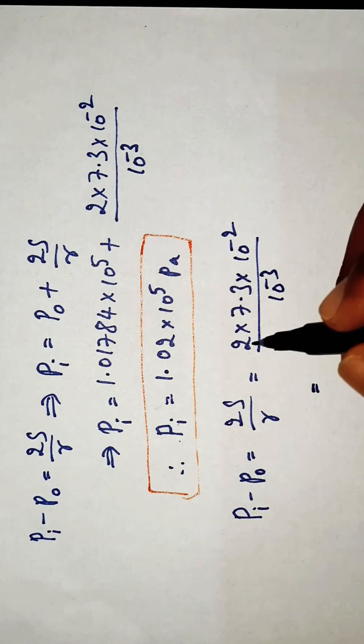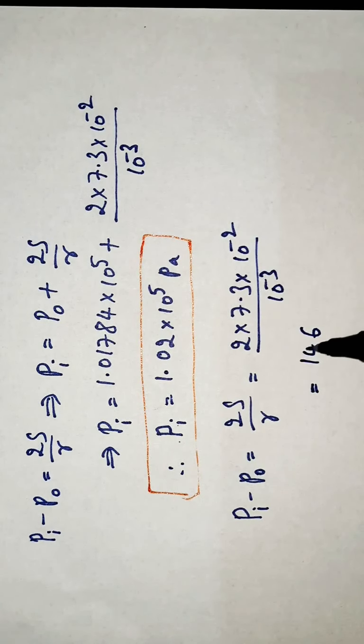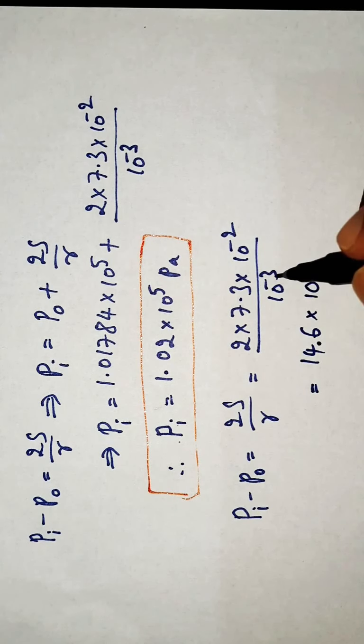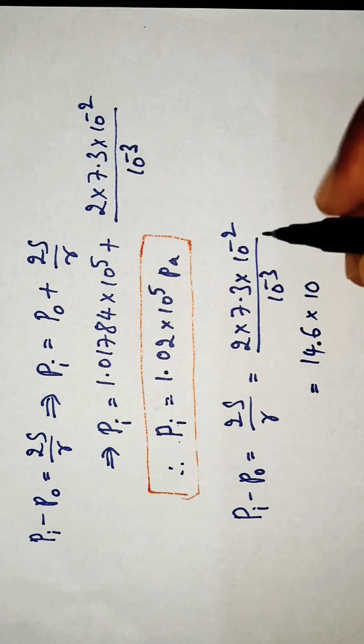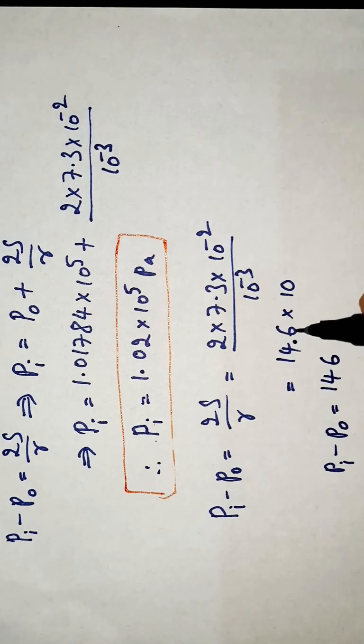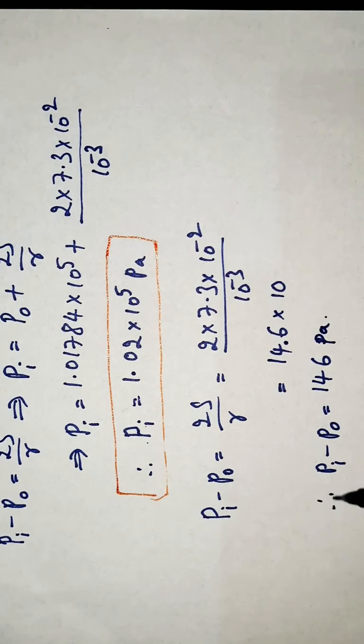So 2 3s are 6, 2 7s are 14, that is 14.6 into 10 to the power of minus 3 in the denominator; taking it to the numerator, that is 10 to the power of plus 3 minus 2, that is plus 1. 14.6 into 10 is equal to 146 Pascals. So therefore the excess pressure is 146 Pascals.